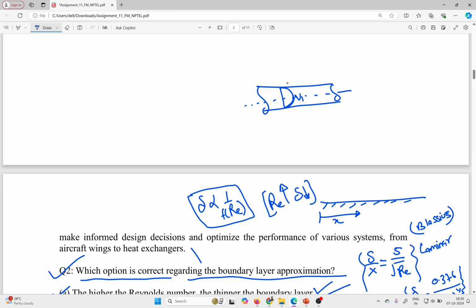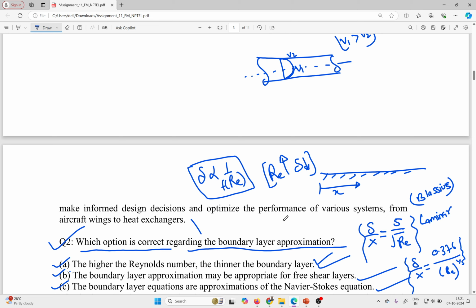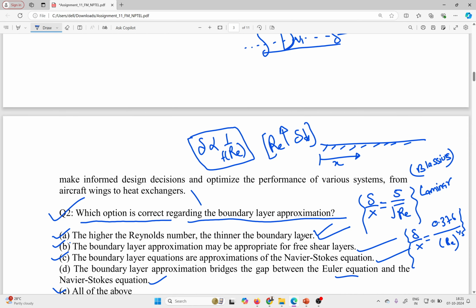If I write V1 and V2, definitely V1 will be more than V2. So definitely one shear layer zone will exist. So the boundary layer approximation is appropriate for shear layers, free shear layers.